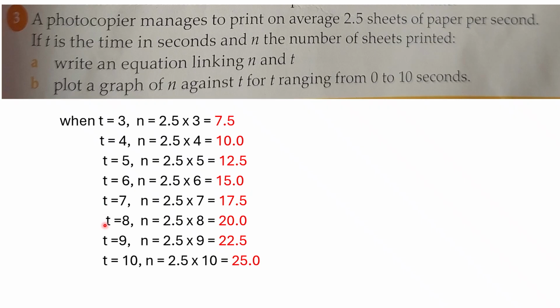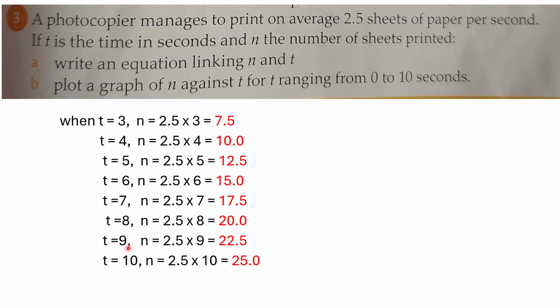T equals 7, n equals 2.5 into 7, which is 17.5. T equals 8, n equals 2.5 into 8, which is 20.0.